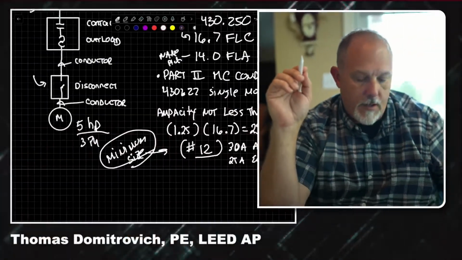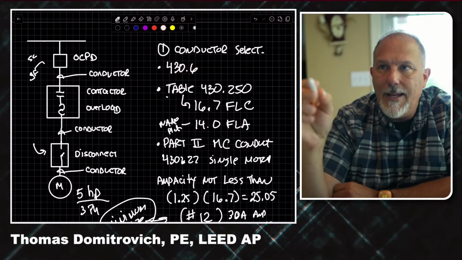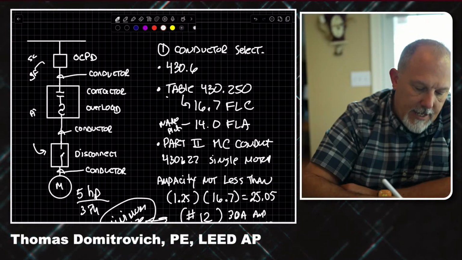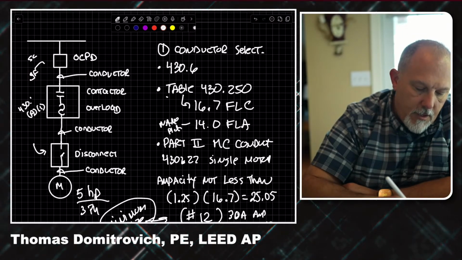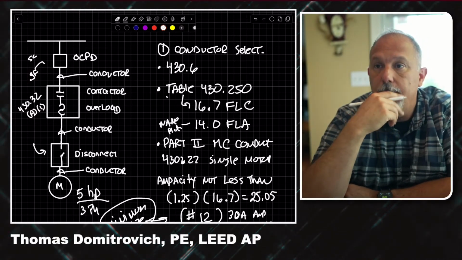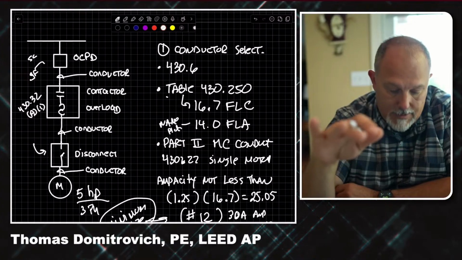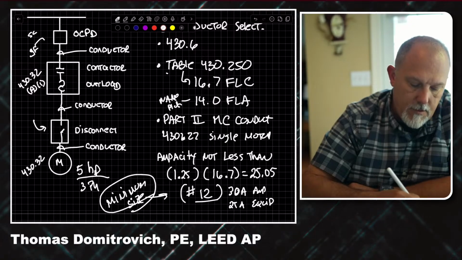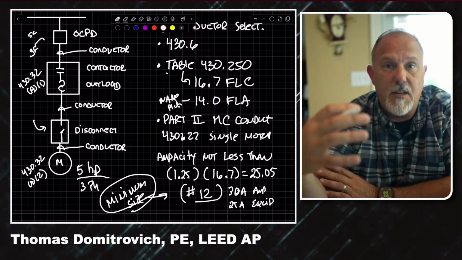I'm going to go back to my drawing, and I'm going to say this is a separate overload. So A1 is a separate overload device. This would be 430.32(A)(1), a separate overload device. A2 is a thermally protected or electronically protected motor.